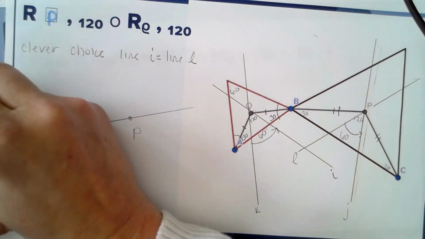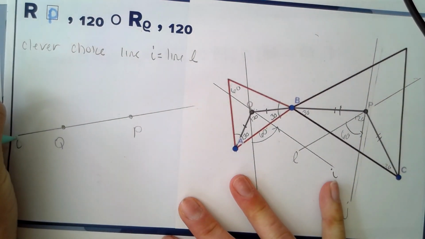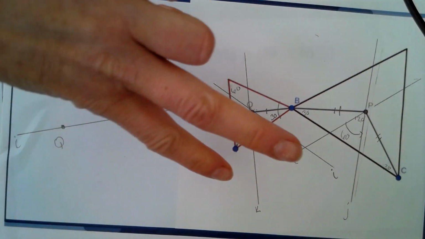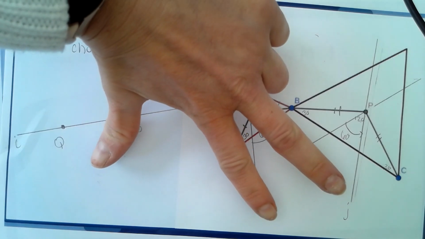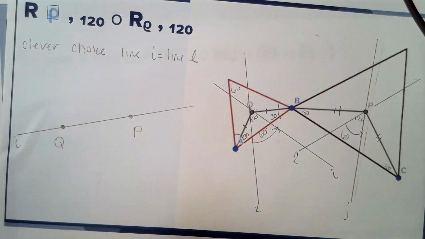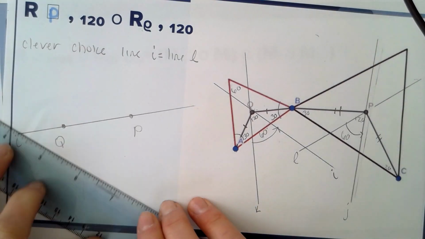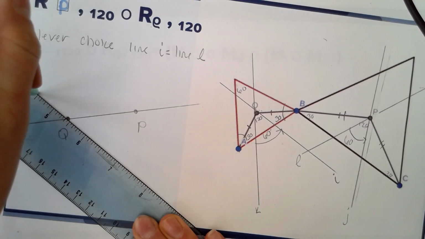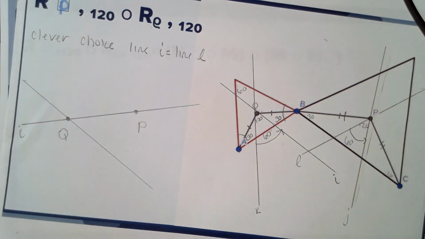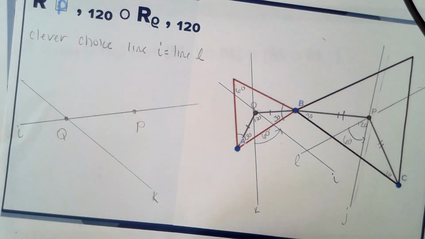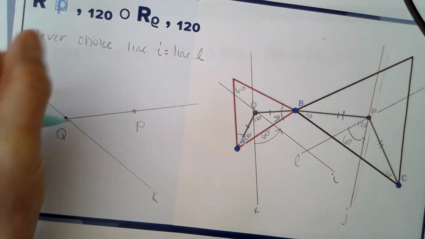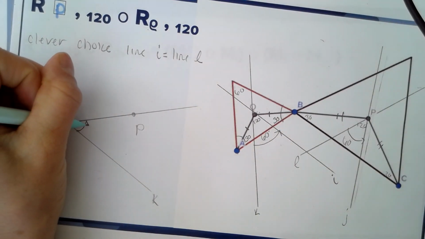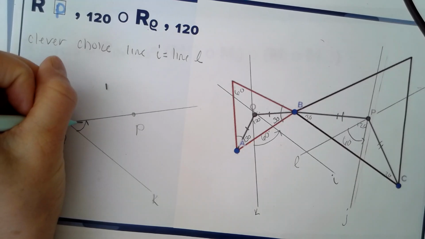Now we have to draw our lines K and J. You can maybe visually see that if we went this way, our line K would be coming, let's use a ruler, this is our line K. And then our directed angle goes this way.